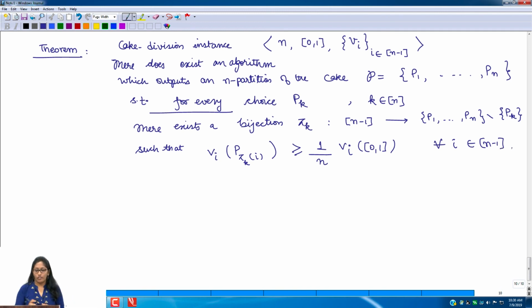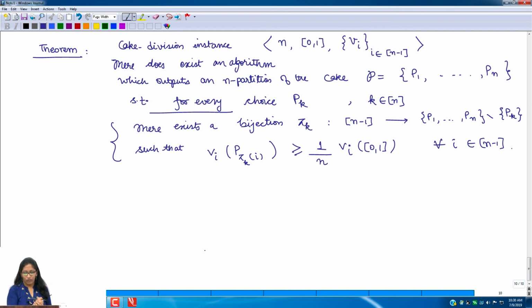So even in the presence of a secretive agent, we are indeed able to come up with a secretive proportional allocation. The way secretive proportional is defined is exactly this. You do the division first, and then the secretive agent picks his choice, and the remaining agents are able to accommodate themselves in a way that it is still fair.